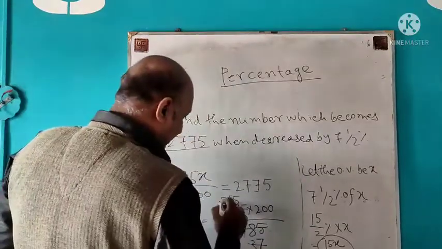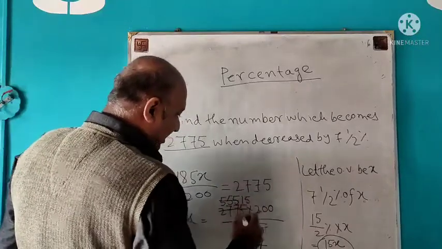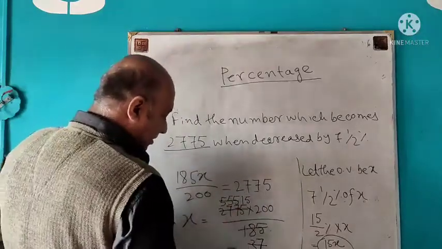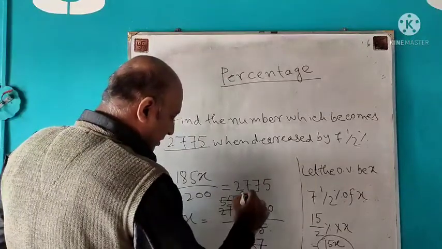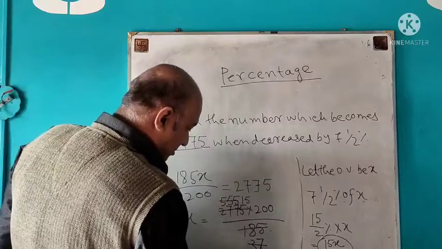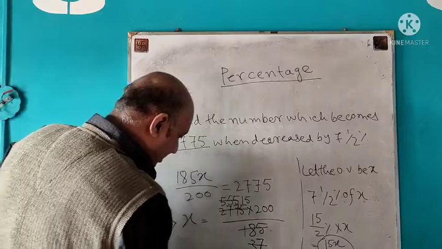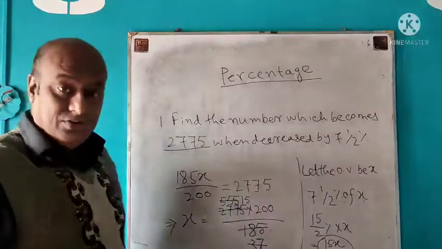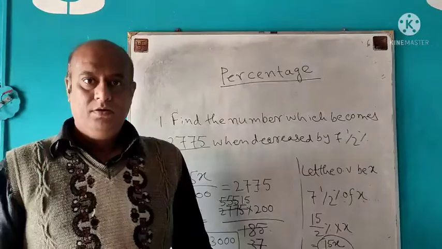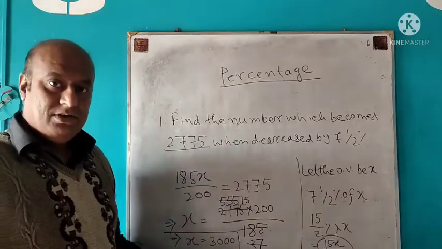So 37 can divide 555 and it will give me 15 as the answer. The remaining number, that is 15 into 200, becomes 3000. So x is equal to 3000. That means my original value is 3000.